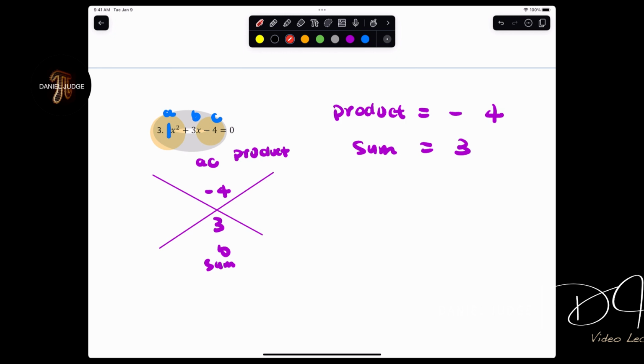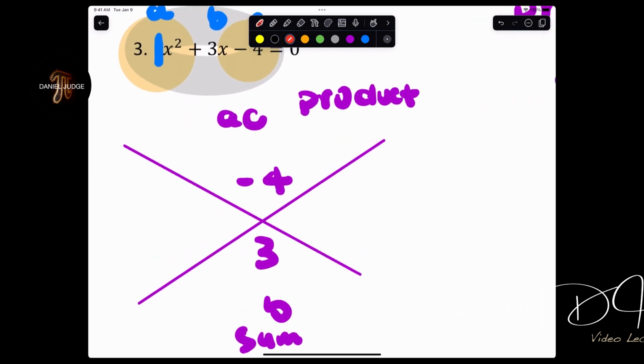All right. So one of the numbers has to be positive, and the other number has to be negative, because that's the only way you can multiply two numbers together and have the product be negative. It's the only way. Positive times a negative, or a negative times a positive. That will give us a negative answer because the product is negative here.